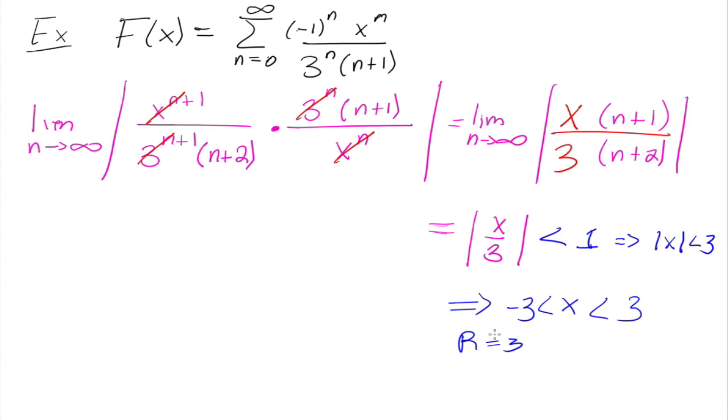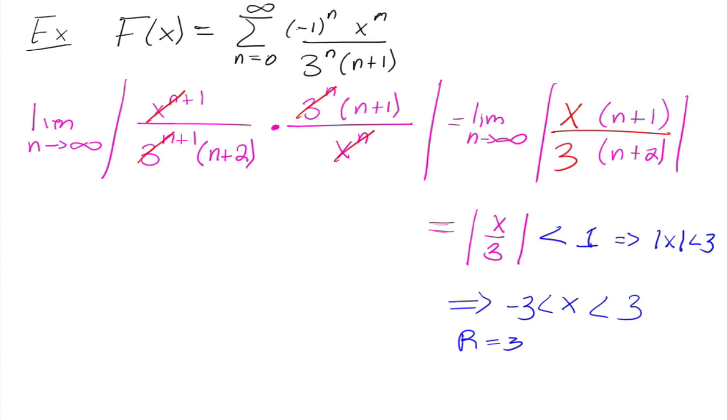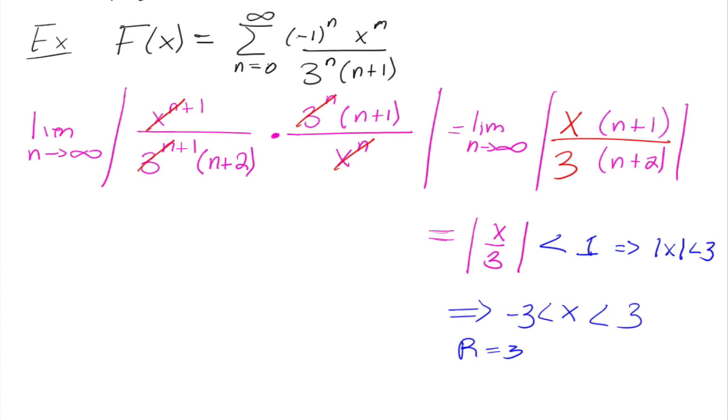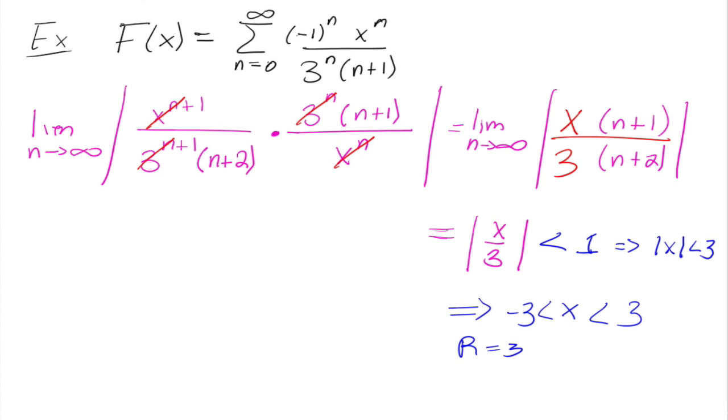So then what I need to do now is test the endpoints. So I want to know, is it convergent at x equals 3, and is it convergent at x equals negative 3? Okay, well, let's test. I'll do it right here in this little spot I created, so that I can leave everything there.